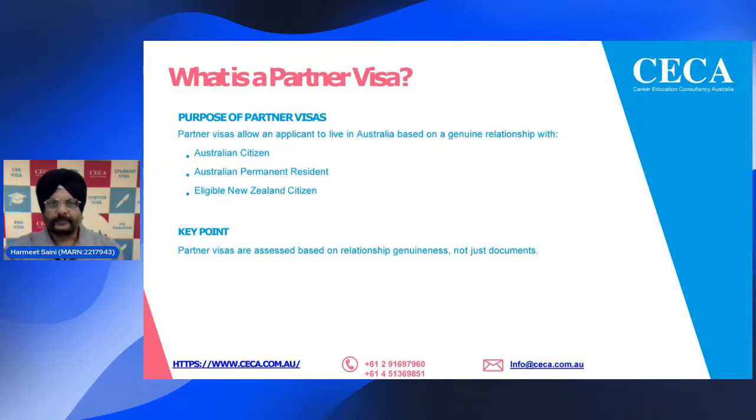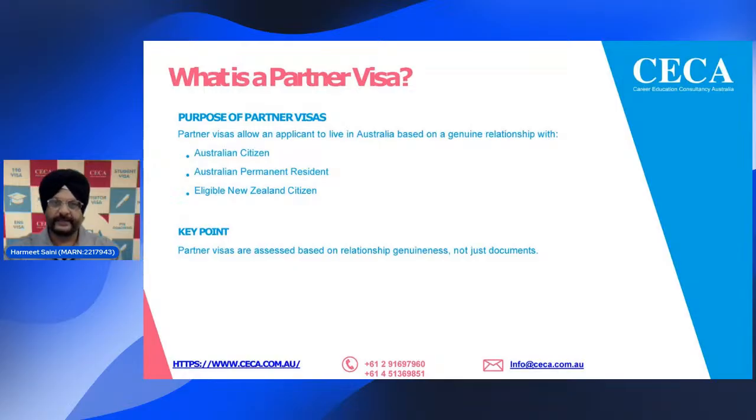So let's begin with the partner visa. The partner visa allows an applicant to live in Australia based upon a genuine relationship, and your relationship must be with an Australian citizen or Australian PR resident, or an eligible New Zealand citizen.